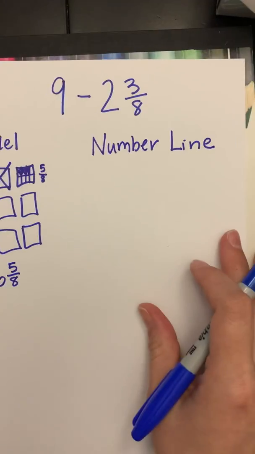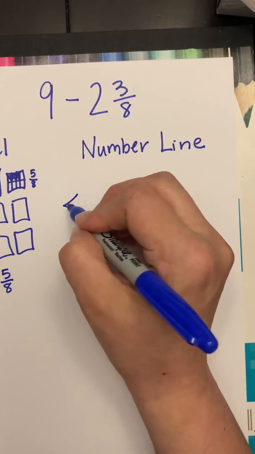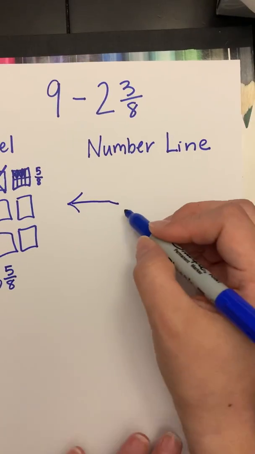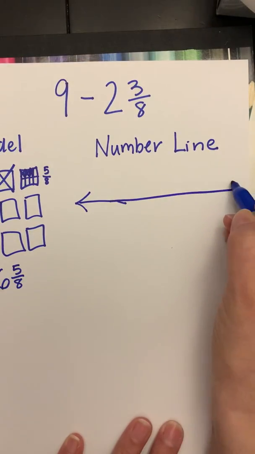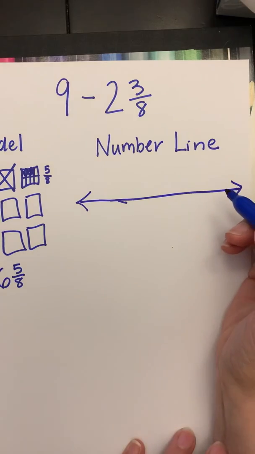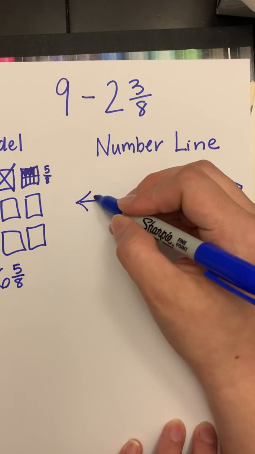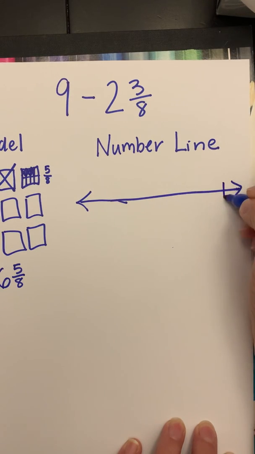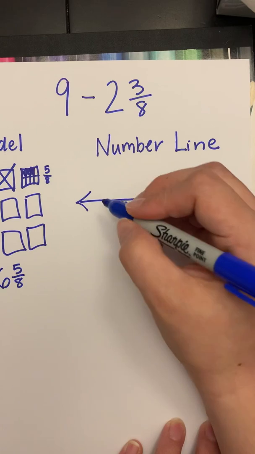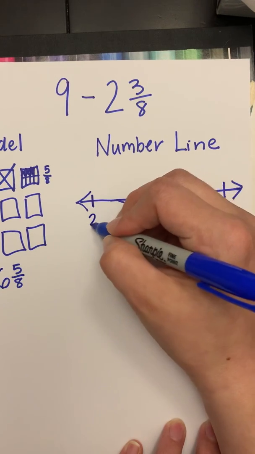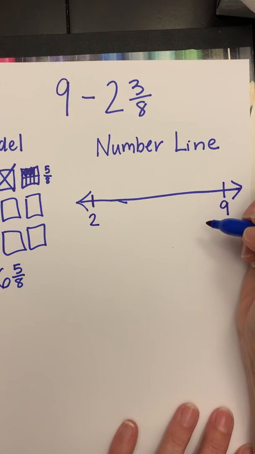This number line is going to be a little bit small. The whole numbers aren't going to be tight, but we'll figure it out. So we know we're going to be subtracting from 9 wholes, and we're basically going all the way back to 2 wholes.